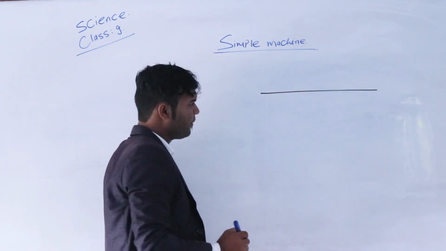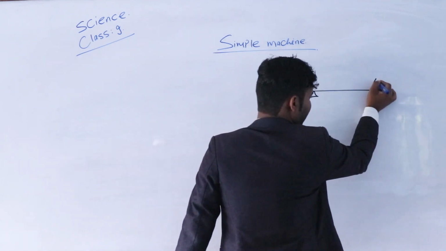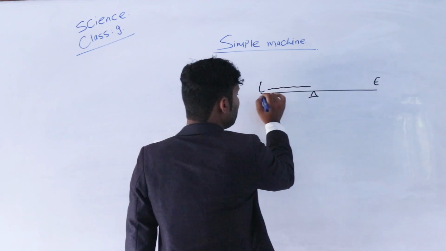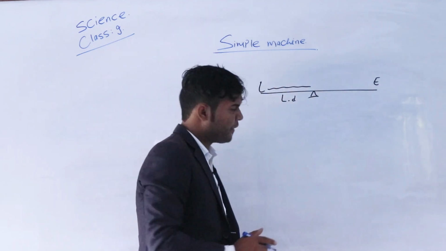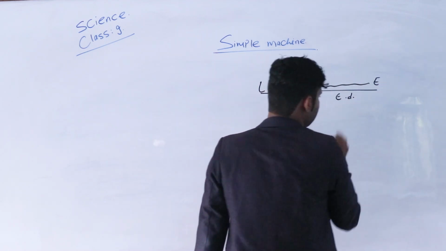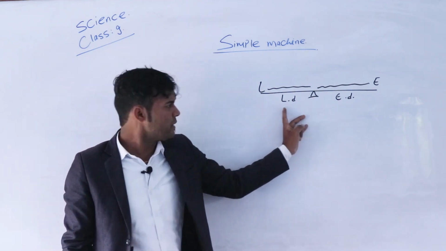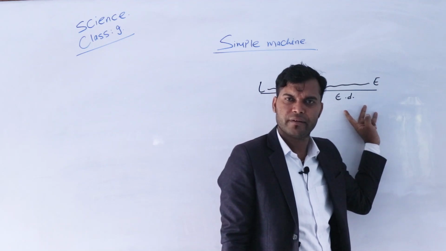Let's consider one lever. It has the fulcrum, load, and effort. The distance from load to fulcrum is called the load distance, and the distance from effort to fulcrum is called the effort distance, isn't it?